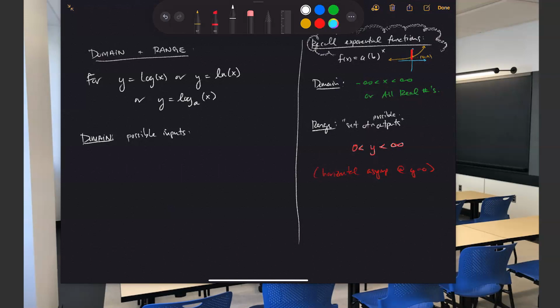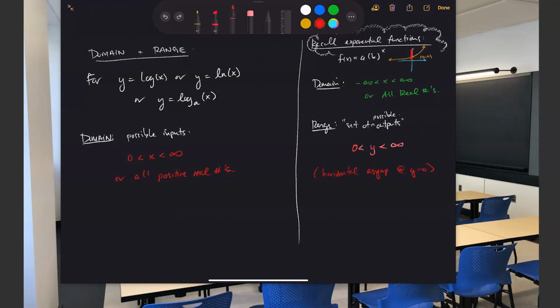Well, since it's the inverse of exponential functions, then anything greater than 0 will be allowed for inputs. Actually, since we're not including 0, we should say all positive real numbers. Okay, so notice we're excluding 0 here.